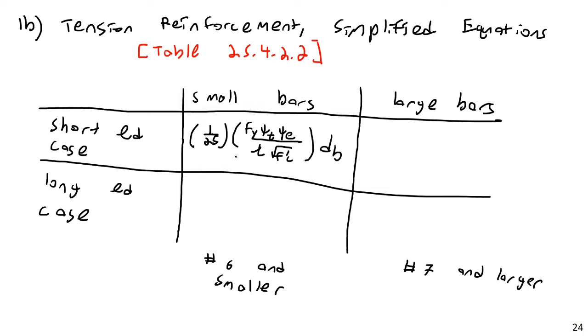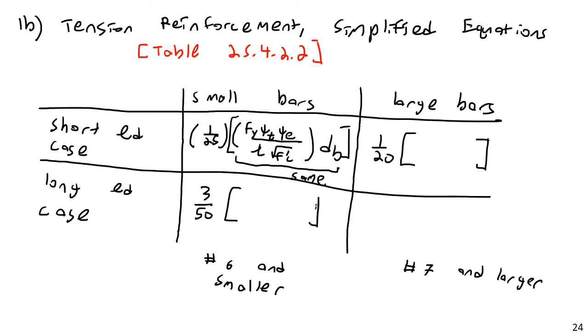And this is going to be the same for all 4 boxes. All that's going to change is the coefficient. So we'll just have 120 times the same. I don't want to have to repeat all that, so let me put a big bracket around that. Same thing here, times that same bracket. This is 3/50ths times that same bracket. And this here would be 3/40ths times that same bracket.